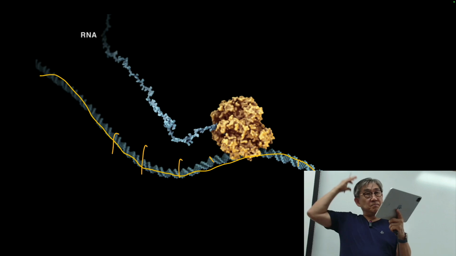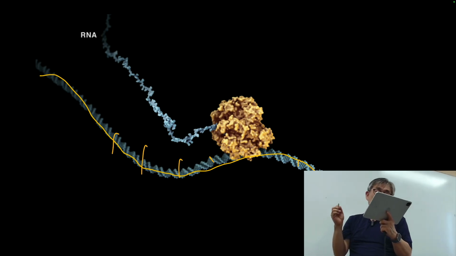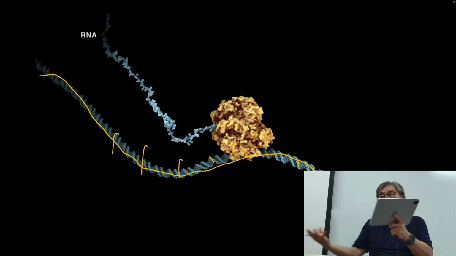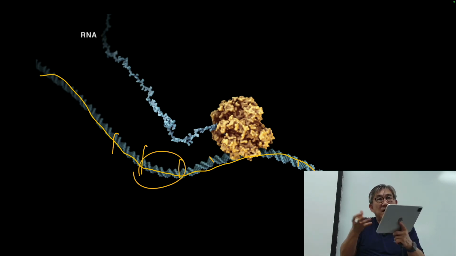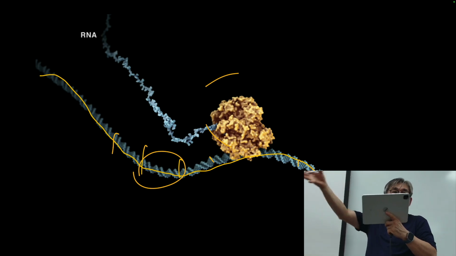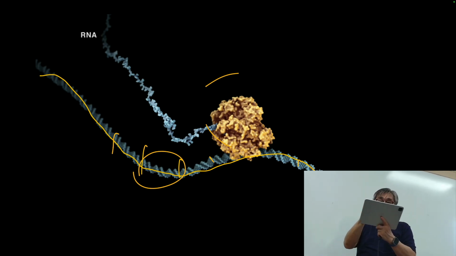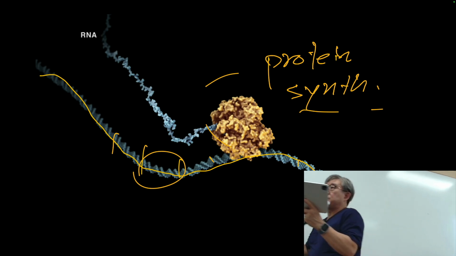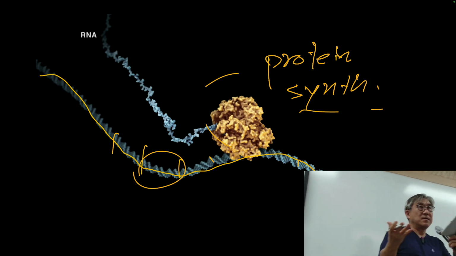But RNA, on the other hand, is kind of a messenger, playing second fiddle, taking part of this information from DNA and delivering it to carry out the actual work, which is protein synthesis. So RNA is the one who is actually used in protein making.